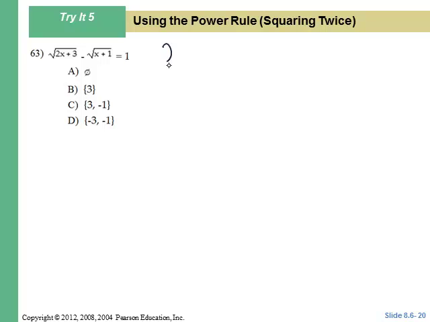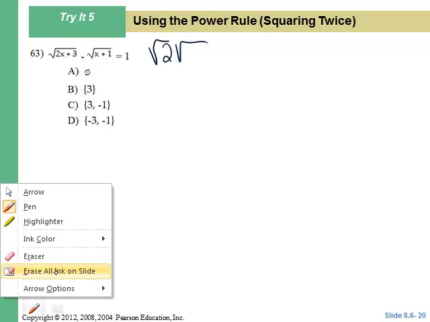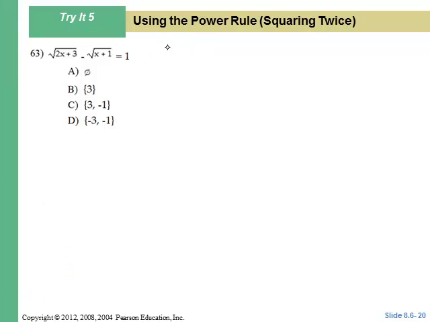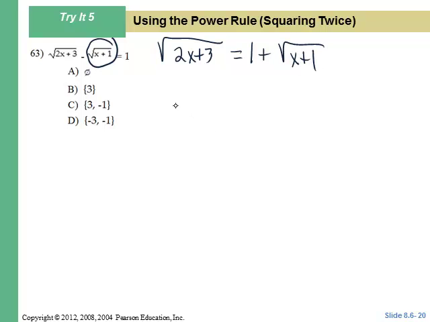Okay, root of 2x plus 3. I always leave the 1 alone, that's harder to square. Equals 1 plus square root x plus 1.